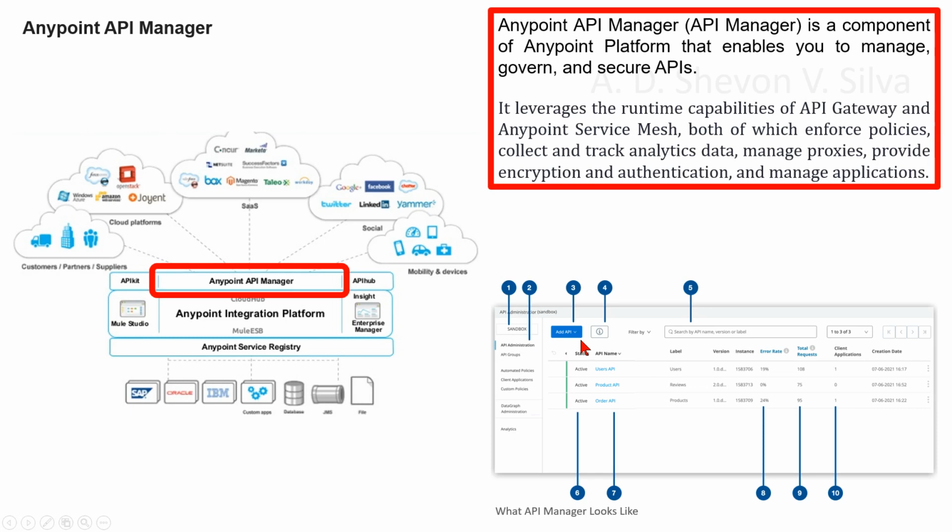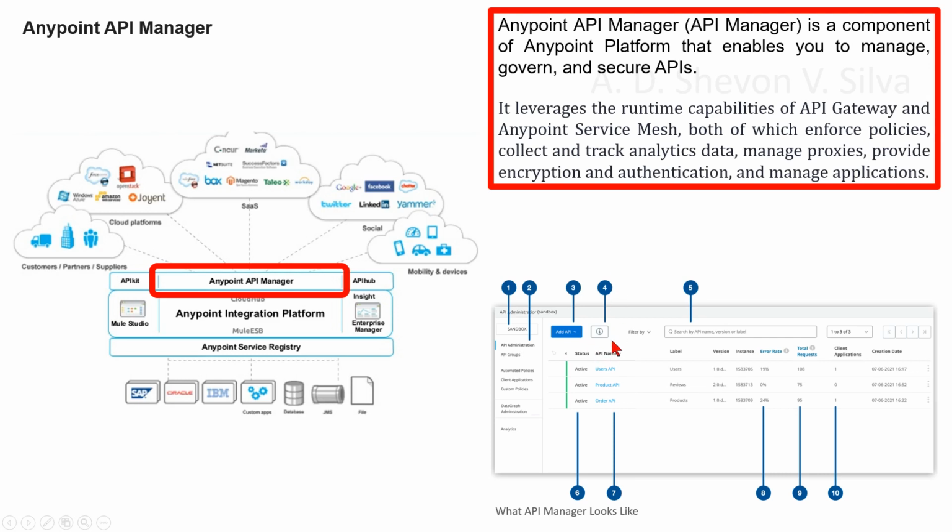Number 3, the add API button enables you to add a new API instance, to promote an API from any environment to the current environment, or to import a configuration zip file that was exported from API Manager.